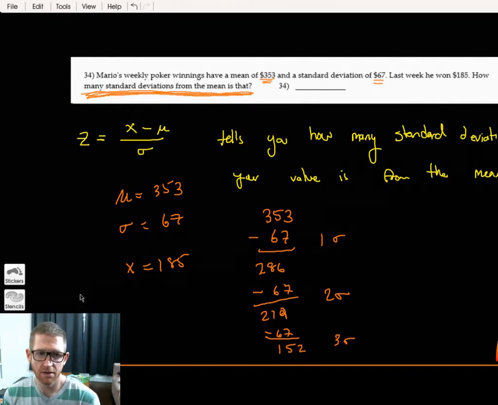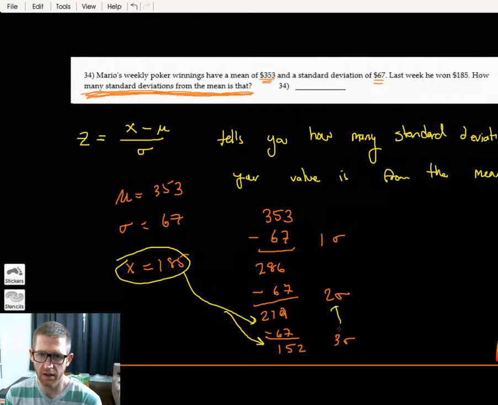So you could say, okay, well, I know my value is 185, and I know it's between these two values of 219 and 152. So I know it's going to be between 2 and 3 standard deviations. So I got to think, well, 185 equals how many 67s?